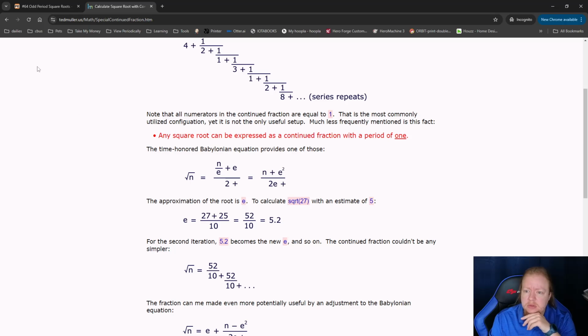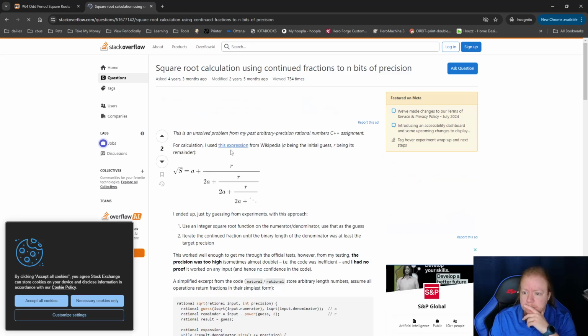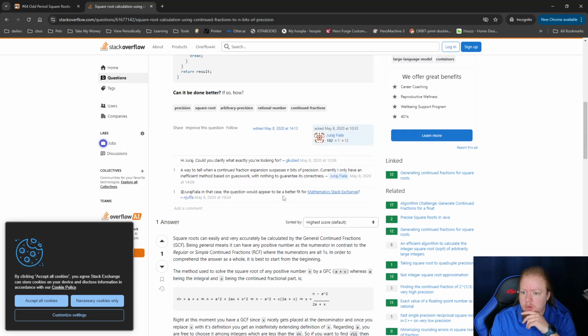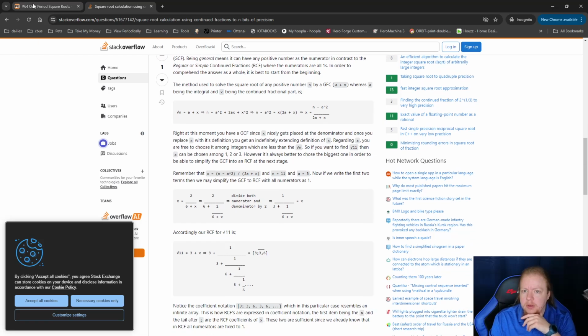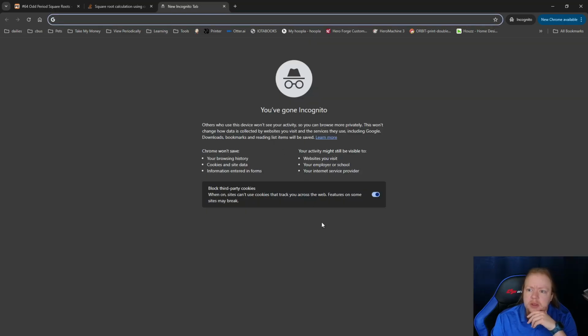So that's not what we need. I think that's just going to confuse me more. So I'm curious how we get to flip this. Like, how does 1 over the square root of 23 minus 4 equal this?